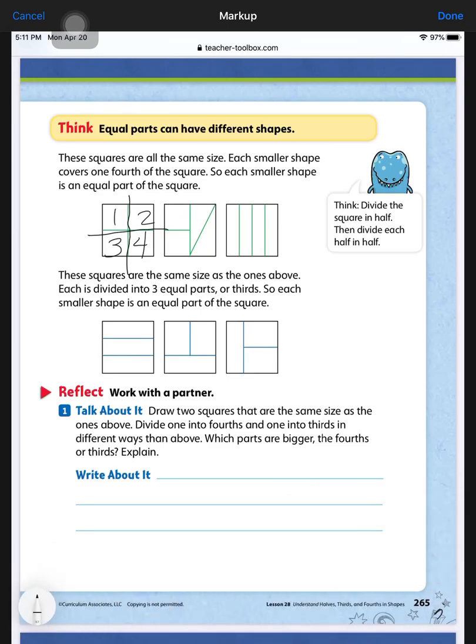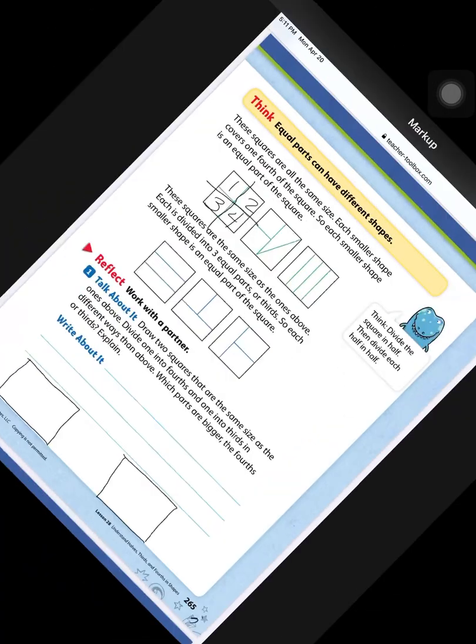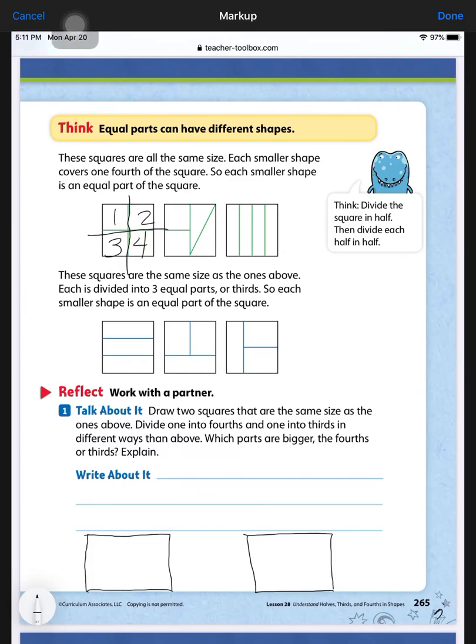So I'm going to do my best to come down here at this extra space. And I think my square is already a little bit bigger than theirs, but we're just going to do the very best that we can do. Okay, so the first one, I am going to go ahead and divide that into fourths, but I got to remember I can't use the way that they used.